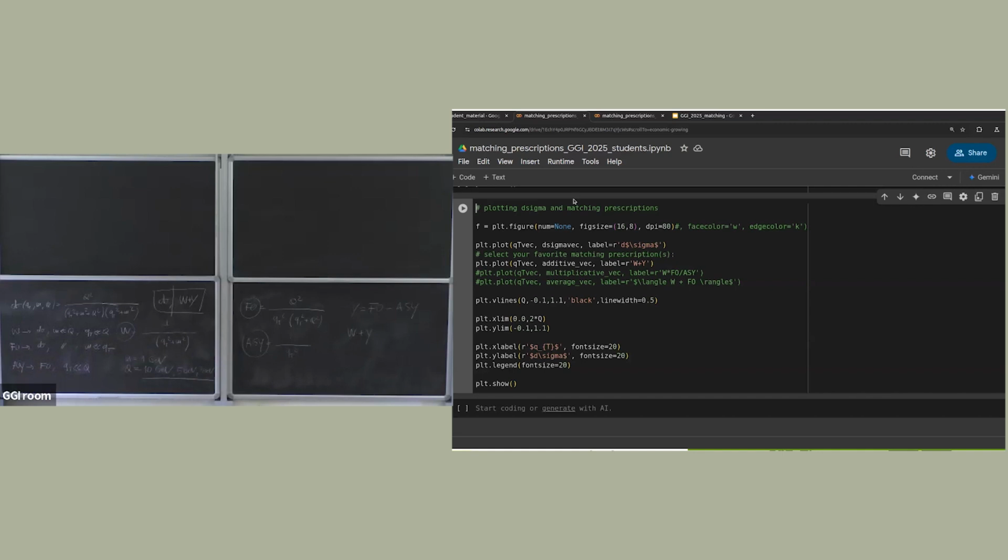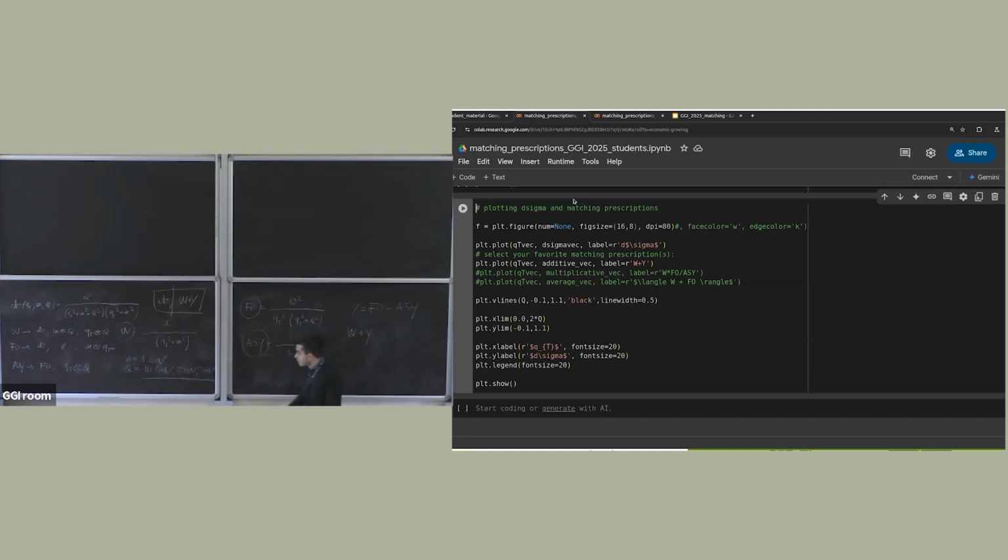You should be able to change the value of Q in one of the first cells. 10 GeV is representative of, for example, semi-inclusive DIS at collider mode, at HERA, whereas 3 GeV, or usually a bit lower, maybe 2, is the typical value of the hard scale for semi-inclusive DIS at fixed target energy, say COMPASS or Hermes or even JLab data.